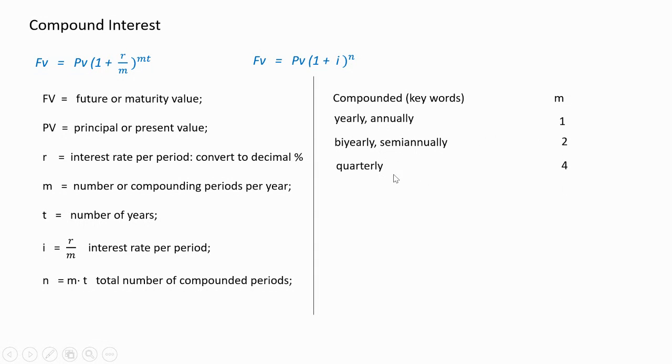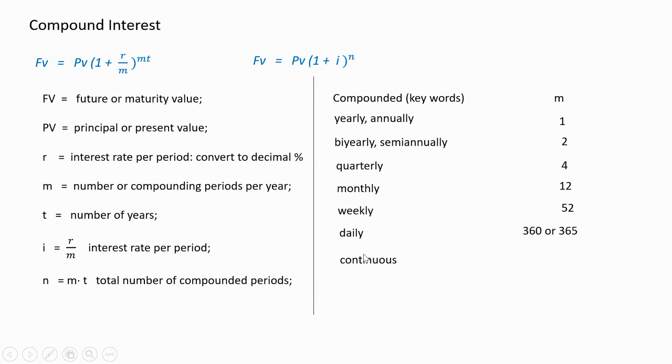Quarterly, M is equal to 4. Monthly, M is equal to 12. Weekly, M is equal to 52. Daily, M is equal to 365 or 360. Many times the book will mention to use 360, but if they don't state what to use, you're going to use 365 because there are 365 days in a year.